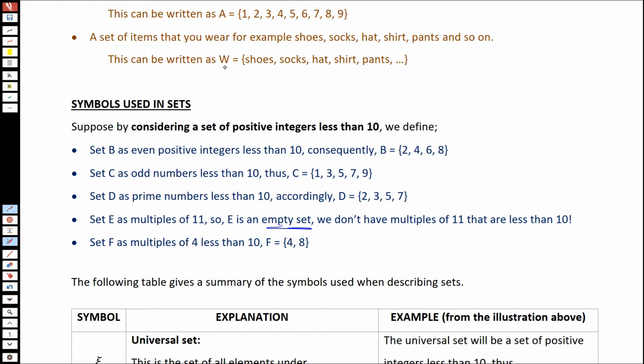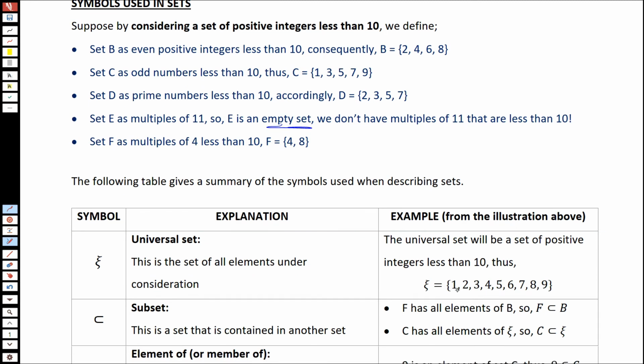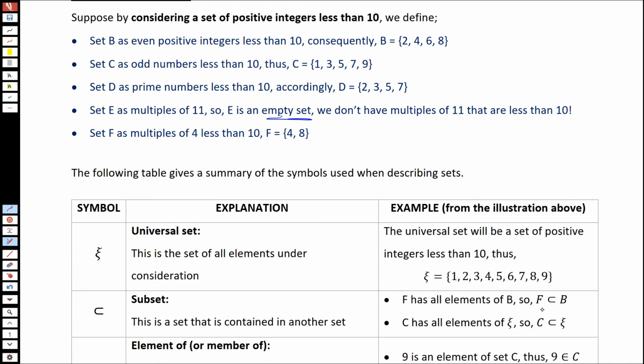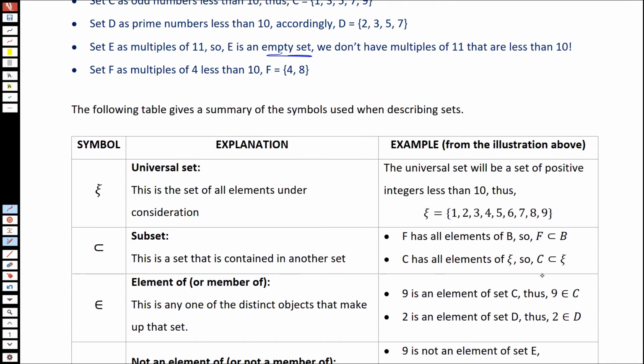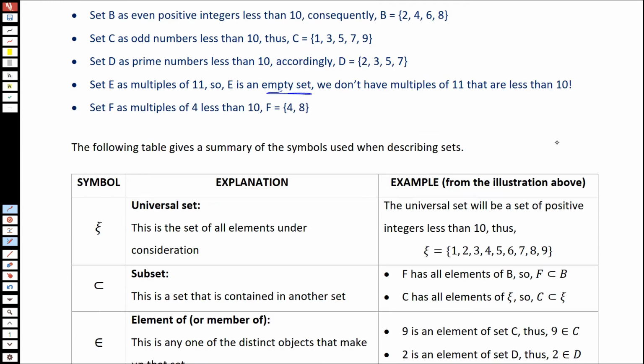These are elements of this set. When you talk about positive integers less than 10, these numbers here are elements: 1, 2, and 3. All these numbers are elements of that. So basically, from again what we have just looked at, 9 is an element of set C.